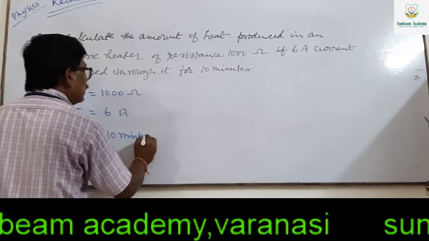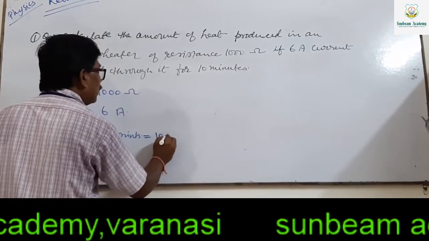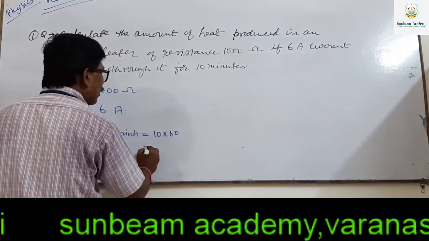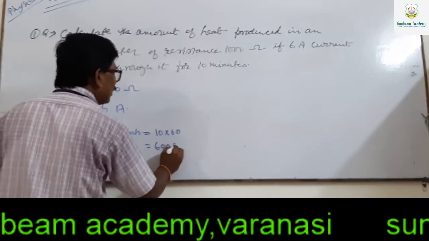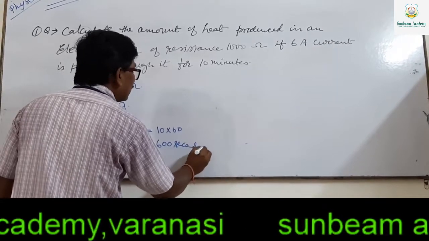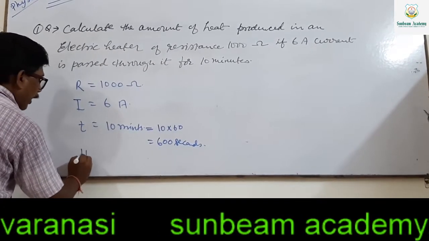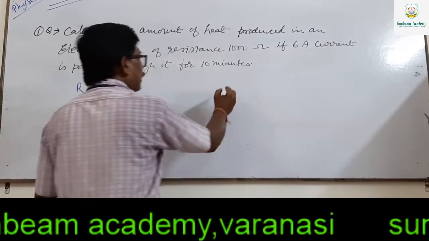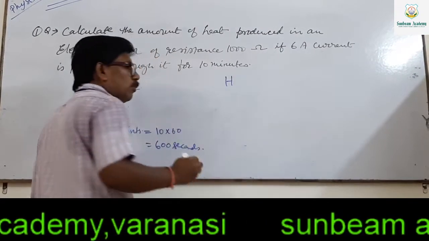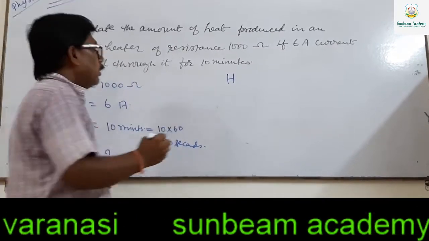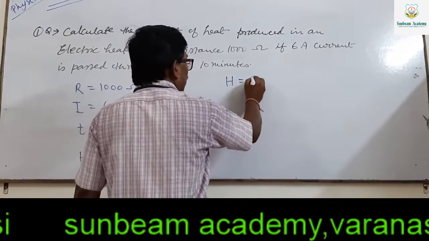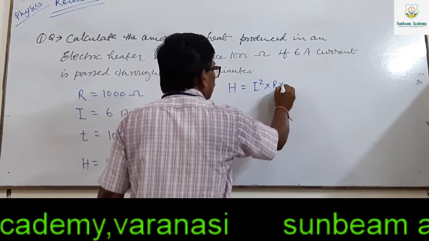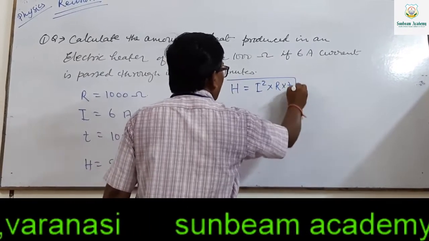You have to change it into seconds. 10 into 60, 1 minute is equal to 60 seconds, that is equal to 600 seconds. Now, what you have to find out? H, heat produced. You must write the formula because marks are allotted for writing the formula. H is equal to I square RT.